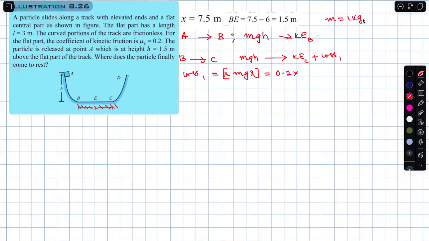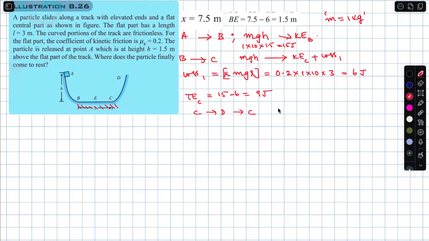No issues, because when you are taking mgh also, I'll take m as 1 unit. 1 into 10 into 3, this is 6 joule loss. So in that case, what is mgh? 1 into 10 into height 1.5, which is nothing but 15 joules. So from 15 joules, if 6 is lost, how much do you have? So total energy at C is equal to 15 minus 6, which is 9 joules.